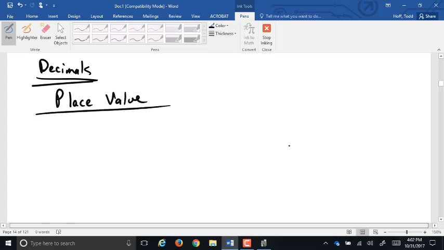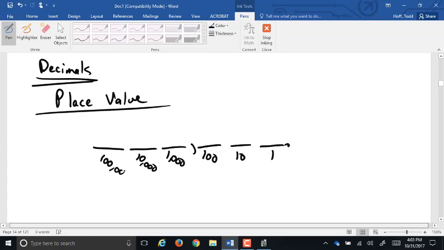So our place values, of course, we had the ones, the tens, the hundreds. Then we had the 1,000s, the 10,000s, and the 100,000s. Then the millions and so on. Now I wrote them out numerically on purpose for a reason, to show the pattern that's developing here.